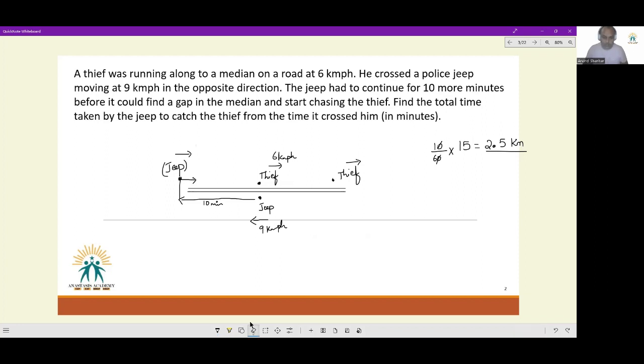So currently, what is the state? Currently, we don't have this reference of the jeep. We don't need it. Perhaps we do need it because that will be important. When the jeep has made the U-turn, the thief would have moved some distance forward. So I will name those things.